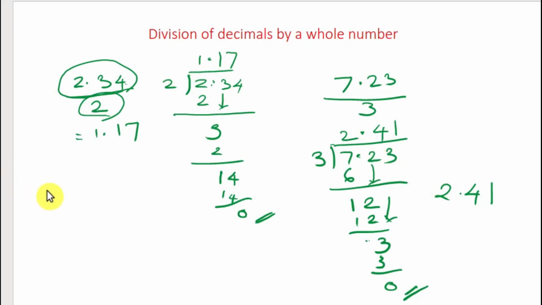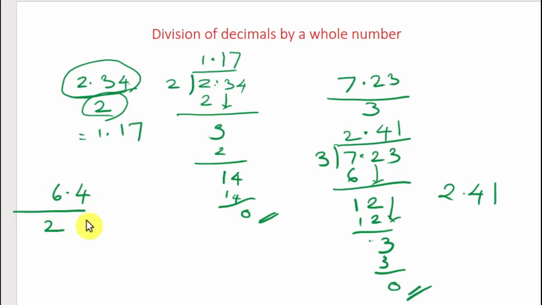Suppose 6.4 by 2. One more method is there. Here, if I multiply by 10, the point shifts from here to here. So it becomes a whole number. So when the numerator is multiplied, the denominator should also be multiplied by 10.